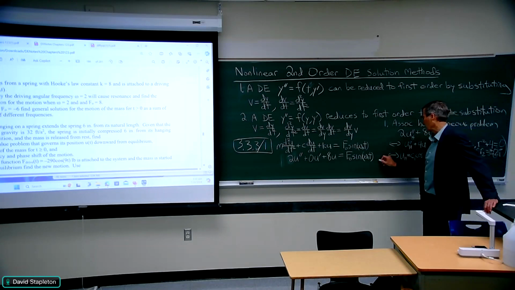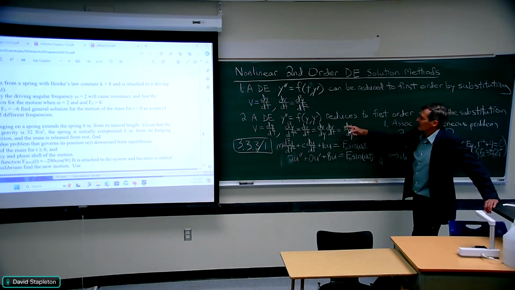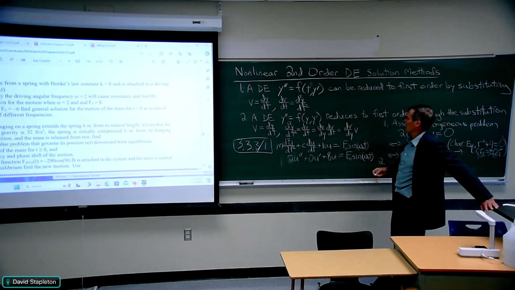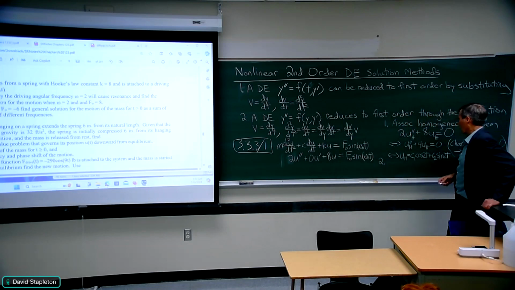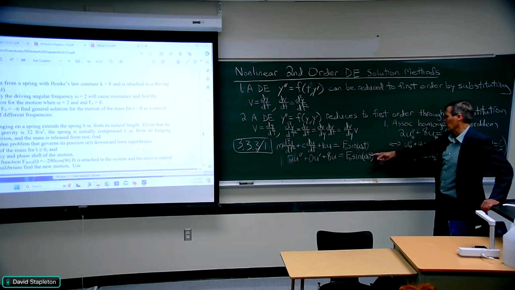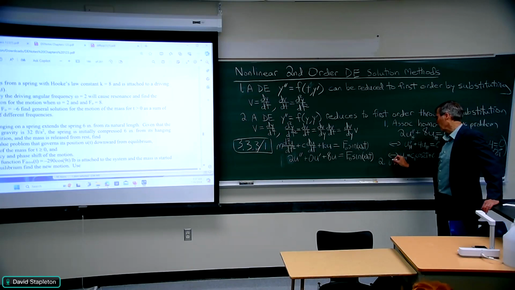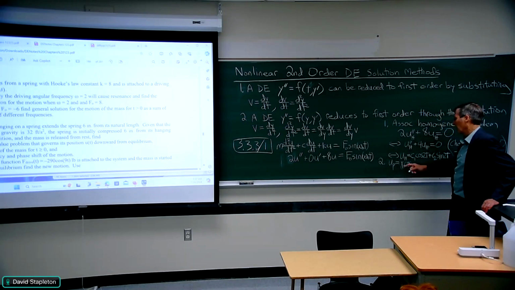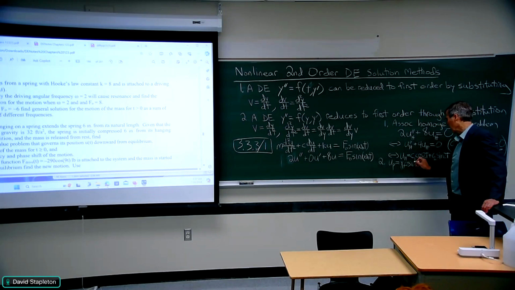Now, the second step in solving a second order linear equation with constant coefficients is to try and find a particular solution. Since the right-hand side comes out of the table, after all, it's a sine function, there's a particular solution of the form u_p equals some constant, we could call it gamma 0 or whatever letter we like, times cosine omega 0 t plus some constant delta 0 times sine omega 0 t.